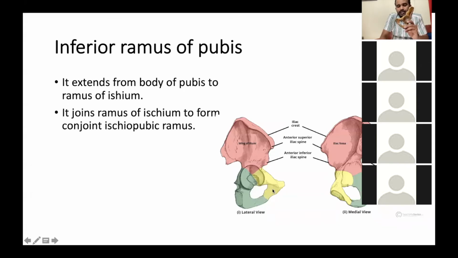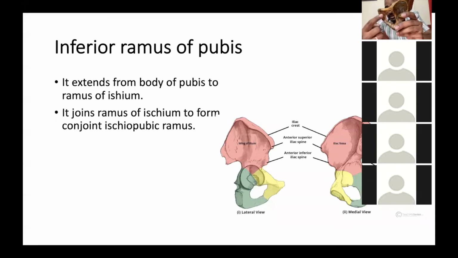Now this inferior ramus extends from the body of the pubis to the ramus of the ischium. It joins the ramus of ischium to form the conjoint ischiopubic ramus. You got it now?